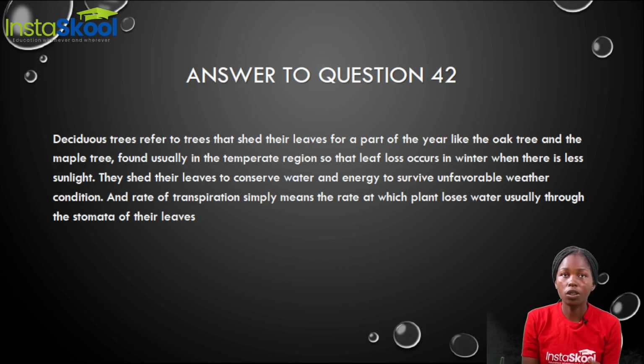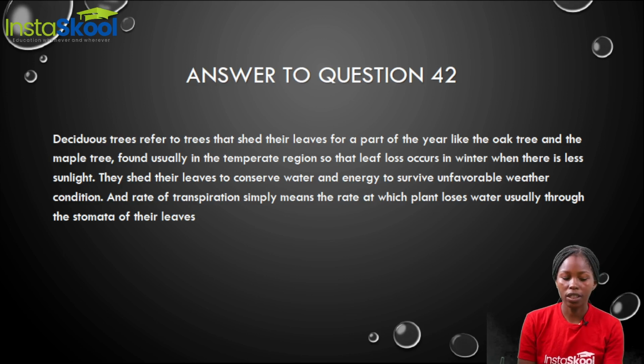These trees are usually found in the temperate region, that is, cooler region. So they shed their leaf during winter when there is less sunlight. And why they do this is in order to conserve water and energy. This will help them to survive unfavorable weather conditions like the winter.